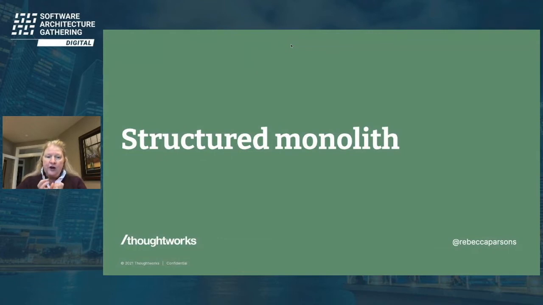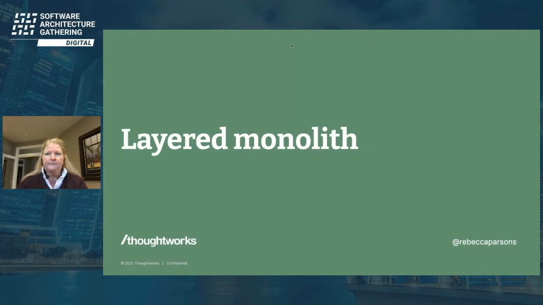If you do a good job of keeping your component boundaries solid and structuring your monolith properly, you can get many, not all, but many of the benefits of an evolutionary architecture. You can't do independent deployments of different parts of your monolith, obviously. But I want to reinforce this notion that you don't need to go all the way to a microservices architecture to get many of the benefits that we talk about with respect to evolutionary architecture.